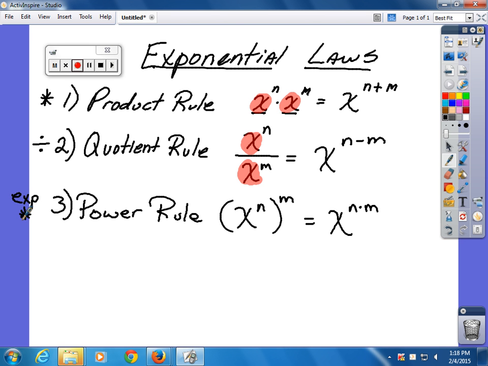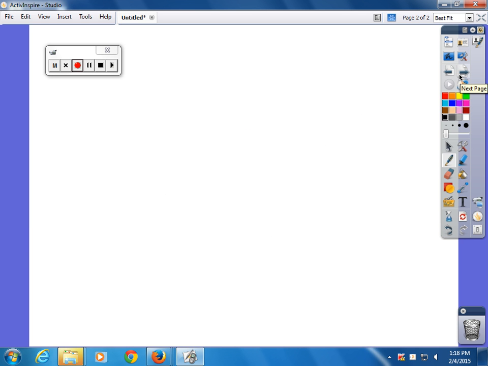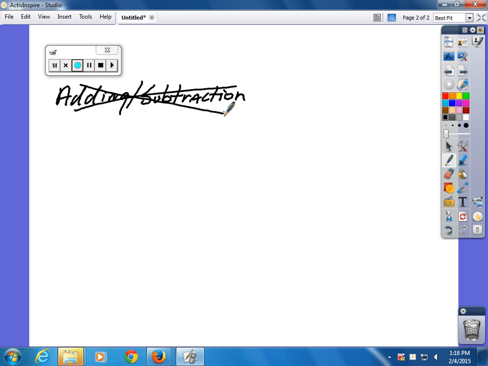What about adding and subtracting? Well, if you have the same base, you have to have the same exponent, just like a label. Let me go to another page and address that. The only one left is adding and subtracting. Well, really, there is no adding and subtracting with like terms. It's basically called what?